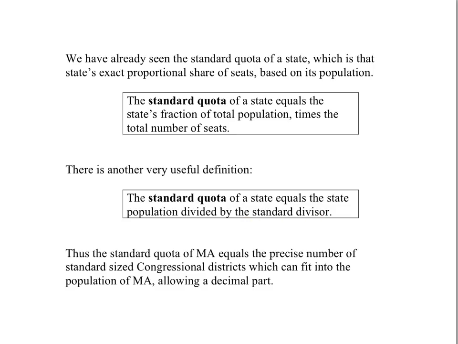This makes sense in terms of what we were just doing on a population map. We were looking at a single state and asking how many times the standard divisor cookie cutter goes into the population map of that state. That's the same as state population divided by the standard divisor. So the standard quota of Massachusetts equals the precise number of standard-sized congressional districts which can fit into the population of Massachusetts, allowing a decimal part.